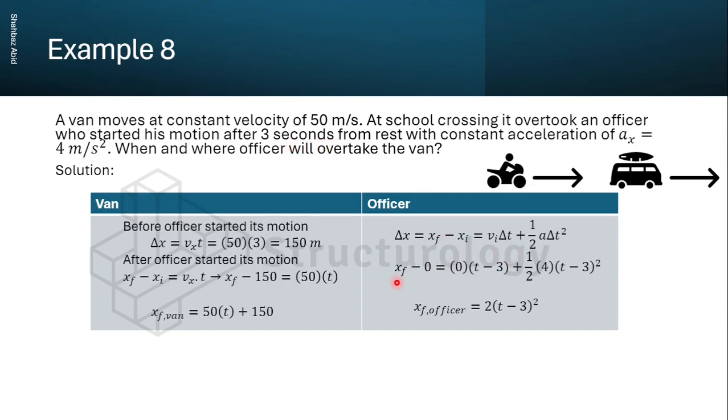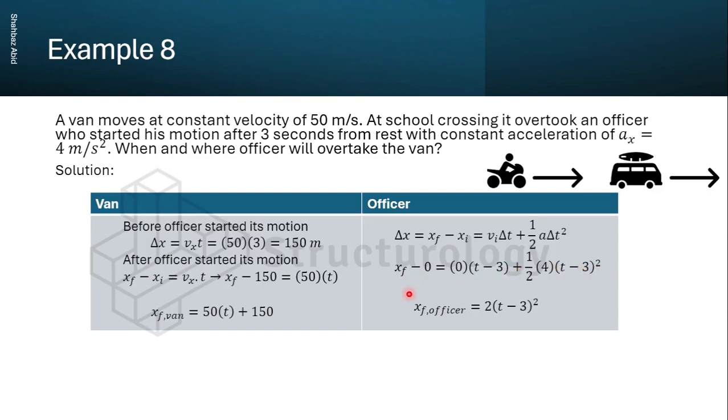So final position, which is still unknown, minus the initial position, which is 0 for the officer, is equal to the initial velocity, which is again 0, times delta t, which is basically final time t minus the initial time 3, plus half times acceleration, which is 4, times (t minus 3) whole squared.